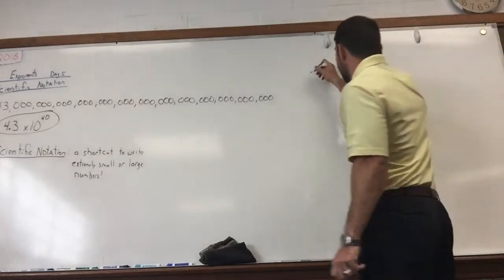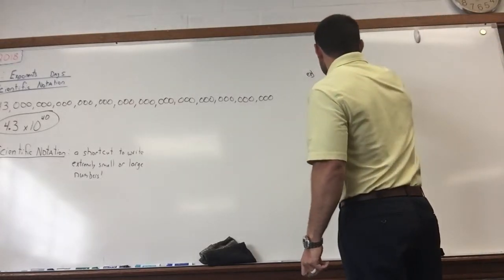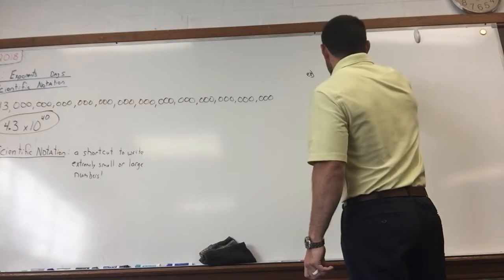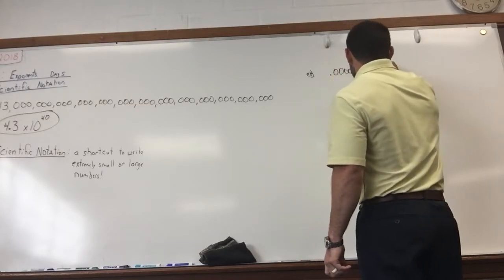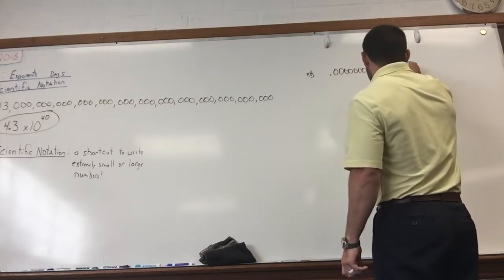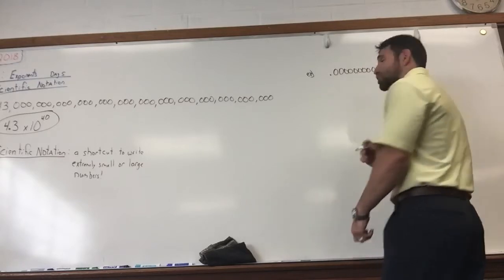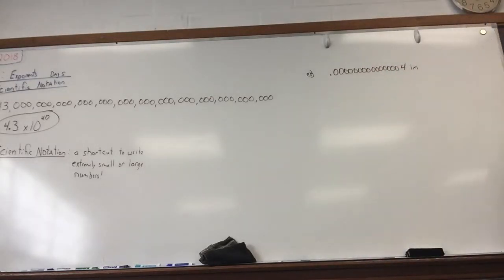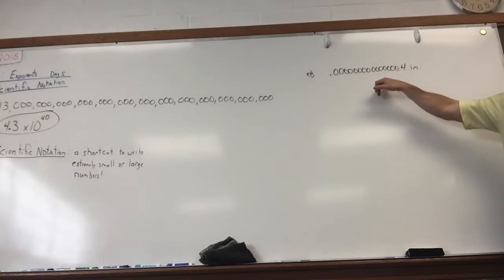So let's say our cell is 0.0000000000000004 inches. That's how small it is. You have to use a microscope magnified thousands of times to be able to see it. This is a small number.